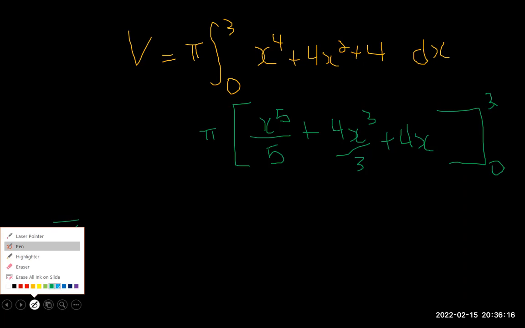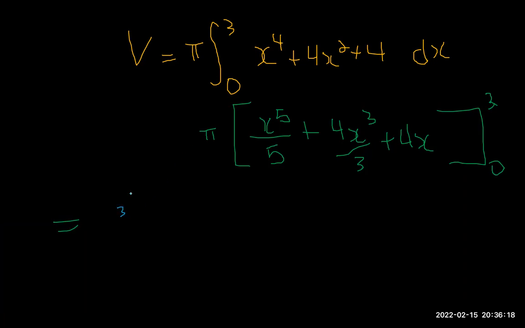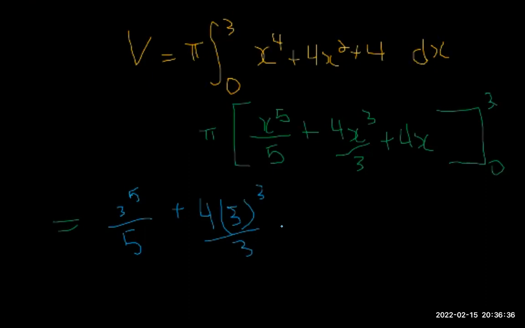So what would I end up with? 3 to the 5 on 5 plus 4 by 3 cubed on 3 plus 4 by 3. That's my first bracket.